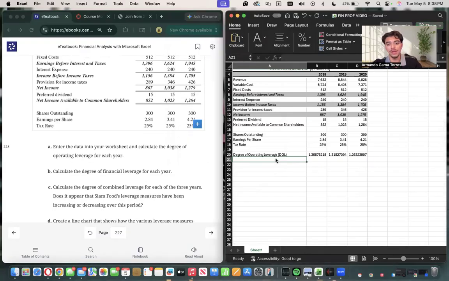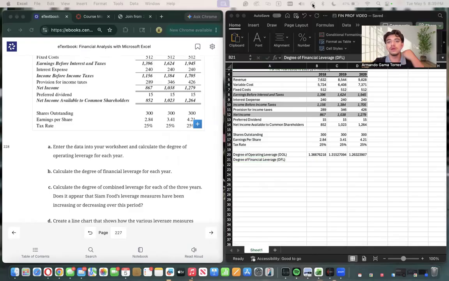That brings us to the next part. We're going to find the degree of financial leverage, and we can abbreviate this as DFL.